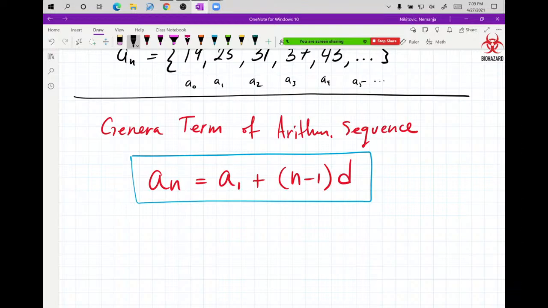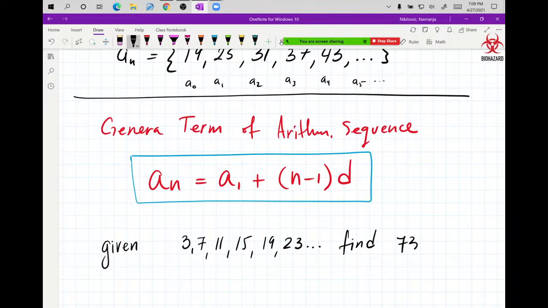Now, if you are given parameters, you can compute any term. Let's say given 3, 7, 11, 15, 19, 23, find the 73rd term.